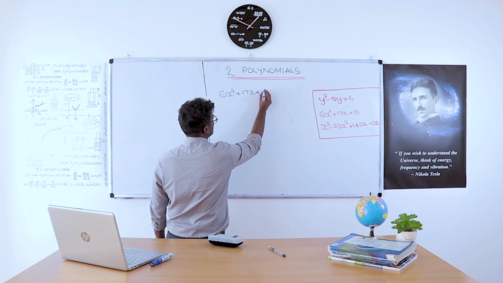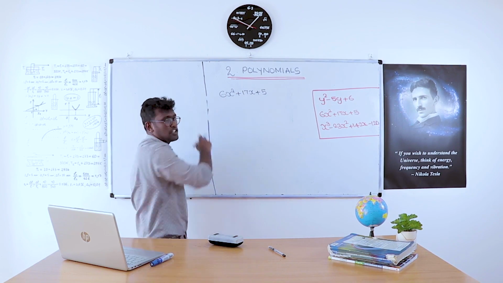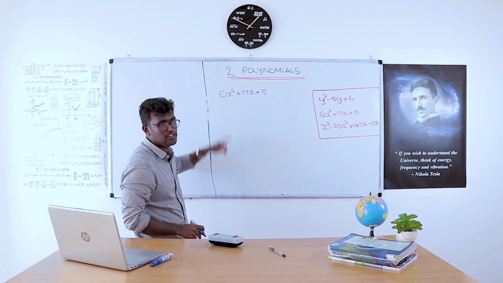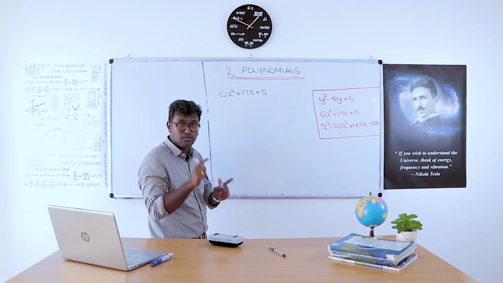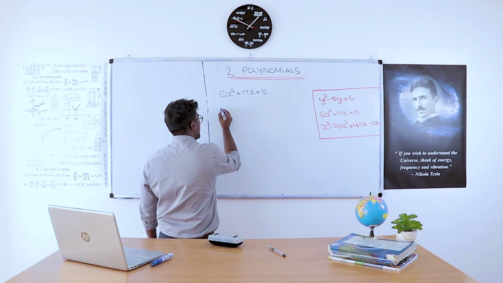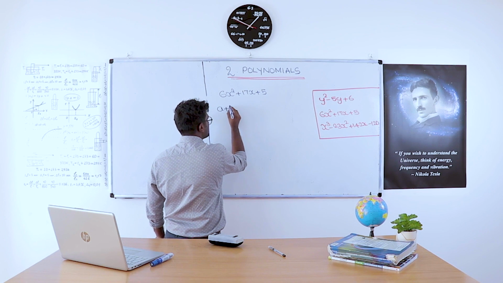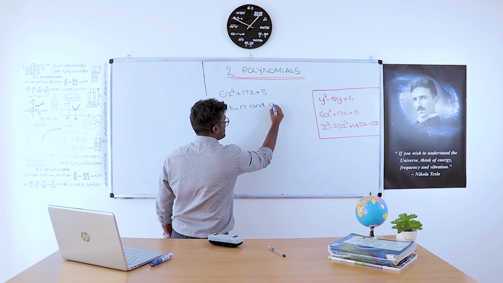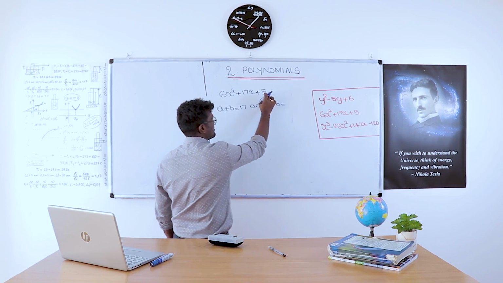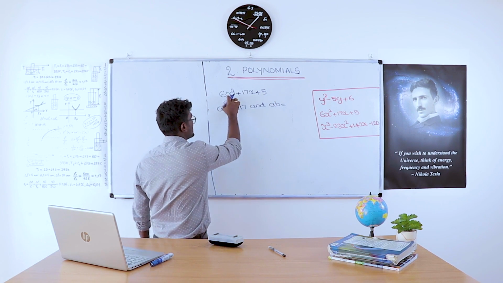17x plus 5. Look at the coefficient of x square. The coefficient of x square is 6. By using the middle term splitting, we have to choose two numbers such that a plus b is equal to 17 and ab is equal to, almost everyone says 5. No, it is not 5 because the coefficient is 6.